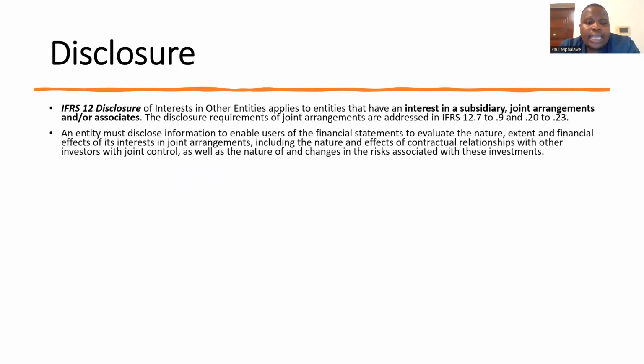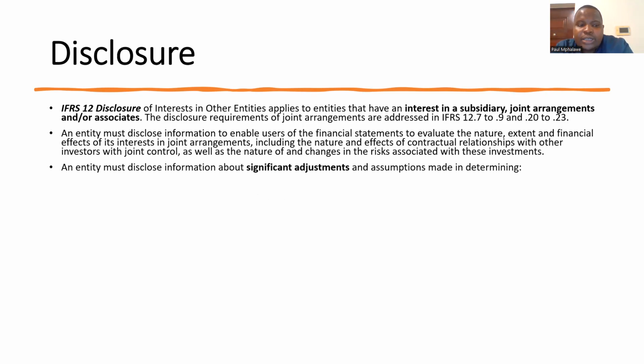An entity must disclose information to enable users of the financial statements to evaluate the nature, extent, and financial effects of the interest in the joint arrangement, including the nature and effects of the contractual relationships with other investors with joint control, as well as the nature and changes in the risks associated with those investments in the joint arrangement.